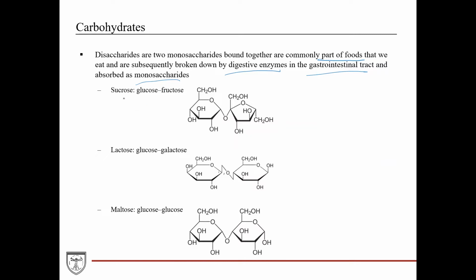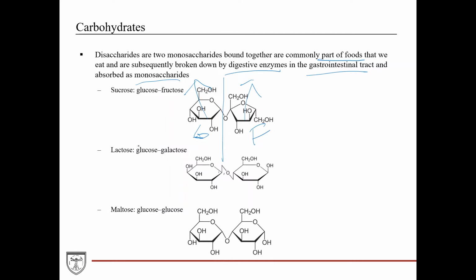A few common examples here. You have sucrose, which is glucose bound to fructose. So this gets ingested, you break this down. This is glucose, this is fructose. Glucose is absorbed as a monosaccharide, and fructose is absorbed as a monosaccharide. It's not possible to absorb this as a disaccharide.